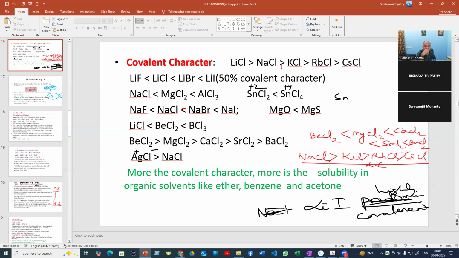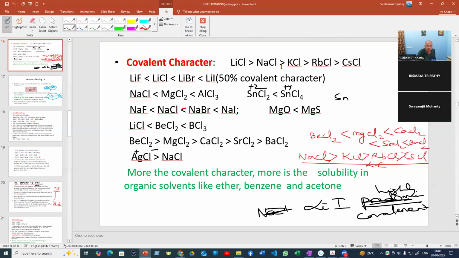Beryllium chloride is most covalent and hence has the least melting point. As the covalent nature goes on decreasing, the melting point goes on increasing. Barium chloride, the last one, has the highest melting point. I have written melting point here, so don't get confused.